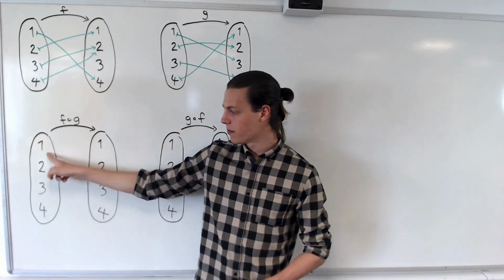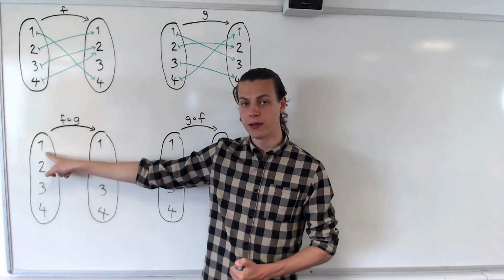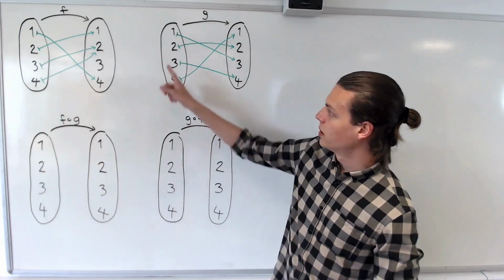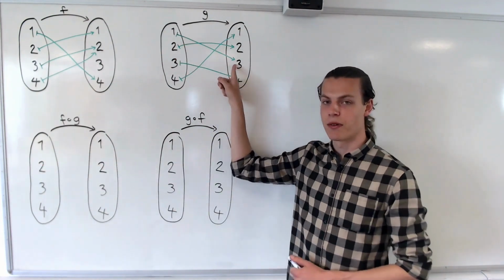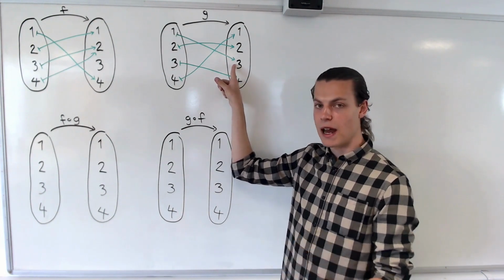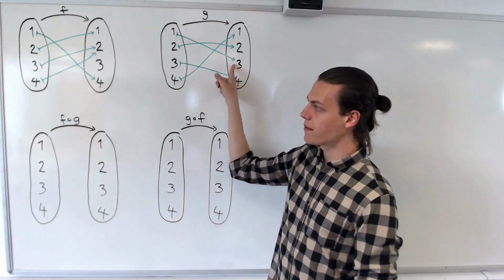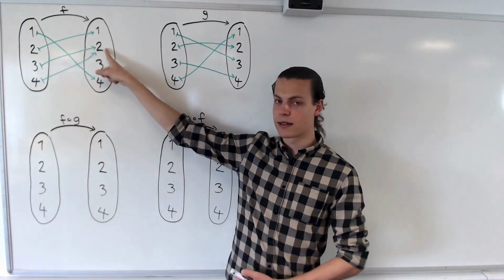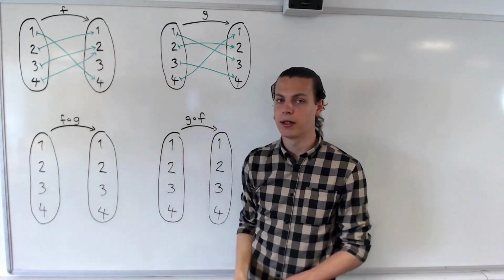So to find what this function will map 1 to, we first find what g maps 1 to. g maps 1 to 3, and then we apply f to the result. f maps 3 to 2, and so this composition will map 1 to 2.